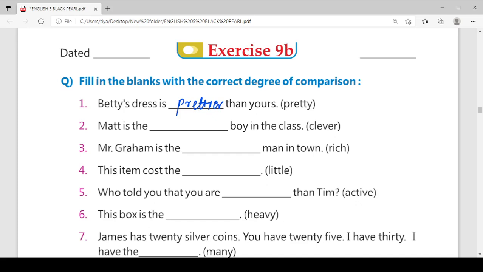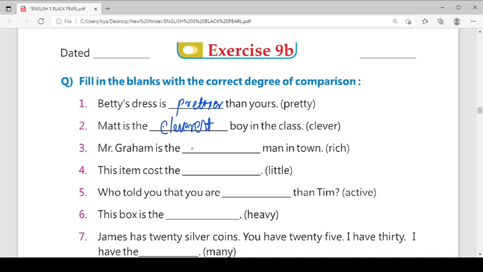Like, Matt is the cleverest boy. Matt is the clever boy in the class, or the clever, more clever, most clever, or cleverest boy in the class.